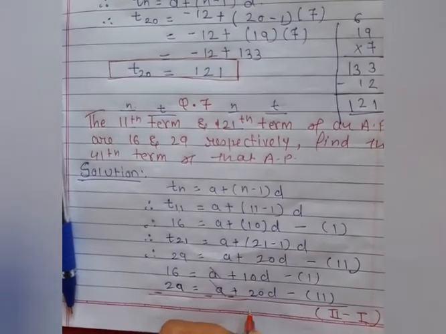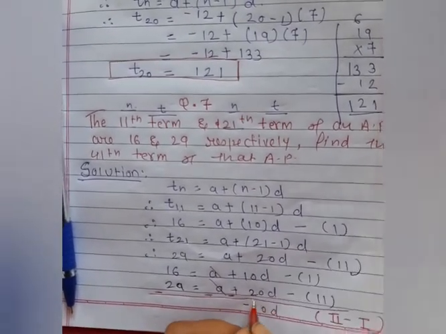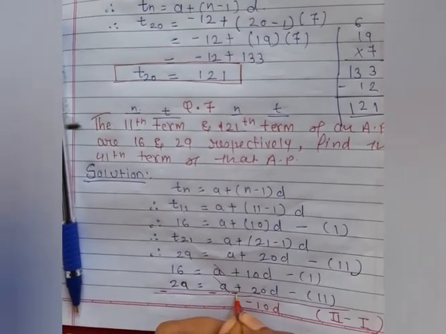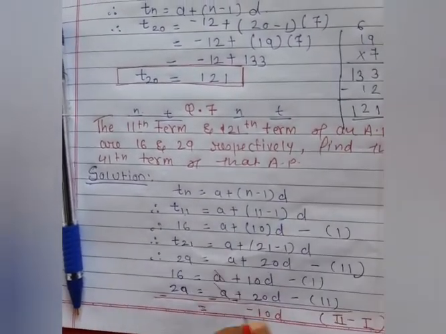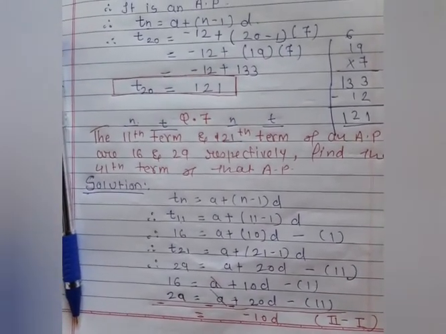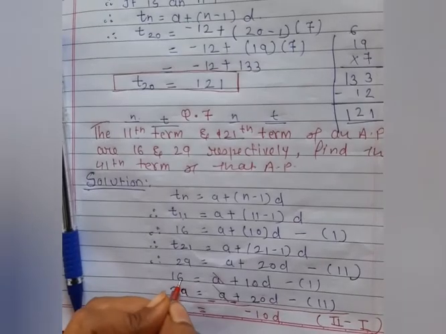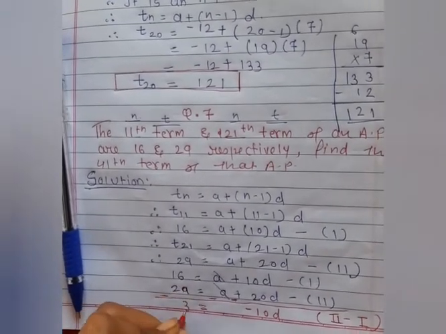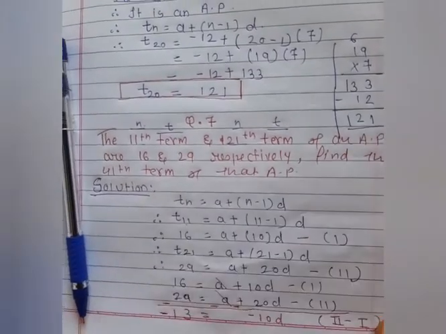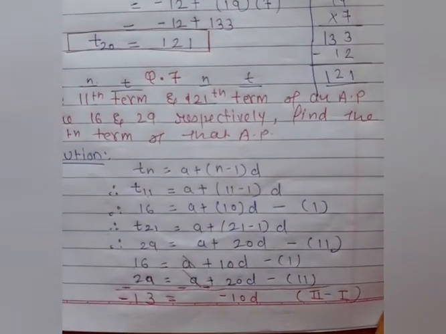So 19 minus 10, that is 9d, and the values on the other side are 29 minus 16, that is 13. Hope you are clear about the simultaneous equation method.